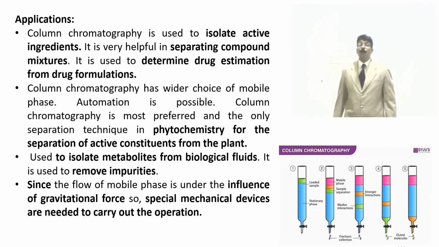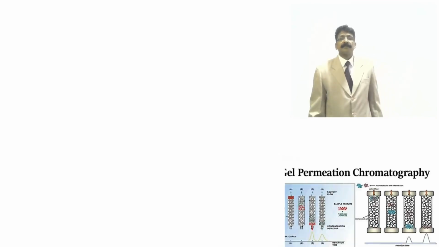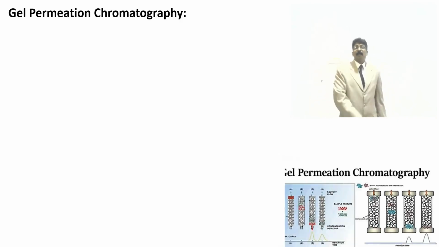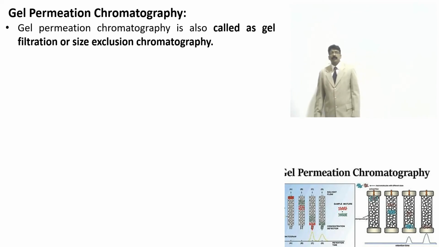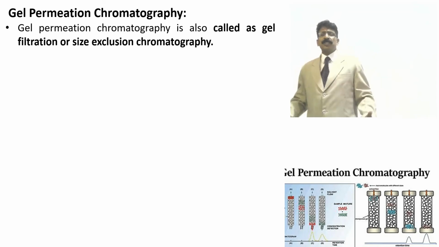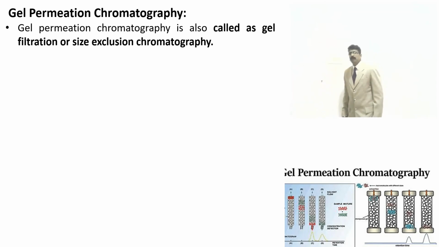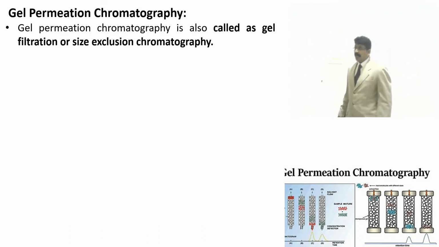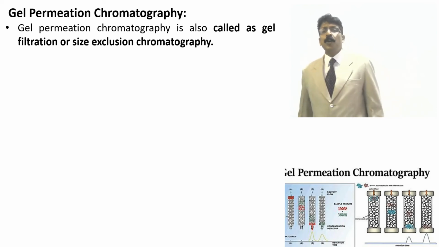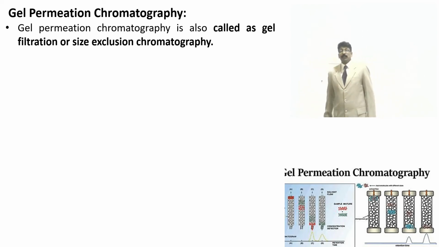Now we are coming to some applications of gel permeation chromatography. You have to remember that gels are used, and it acts as a molecular sieve. According to size, the larger particles which cannot enter the pores directly will be eluted first, and the smaller particles enter the pores.